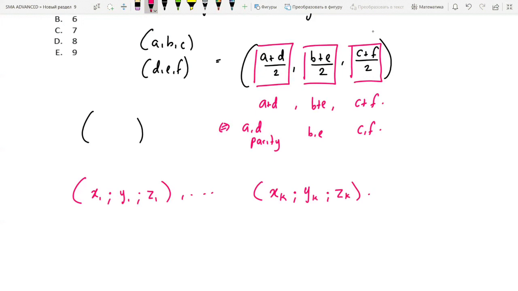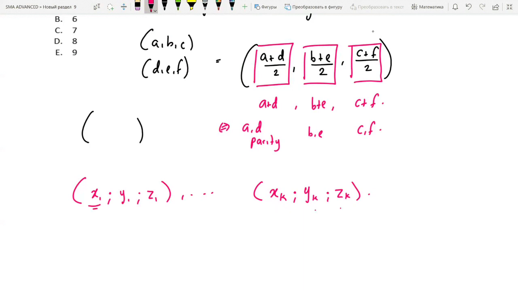So remember, for the midpoint of 2 points to be a lattice point, it means that the corresponding components should have the same parity. For example, let's say these 2 points have a lattice point as midpoint. So it means that x1 and xk should have the same parity, y1 and yk should also have the same parity, and z1 and zk should also have the same parity.